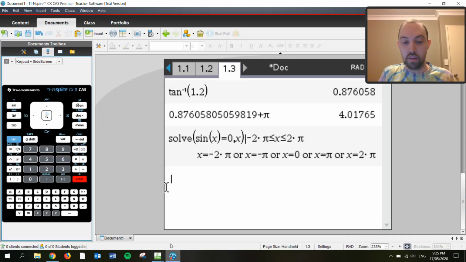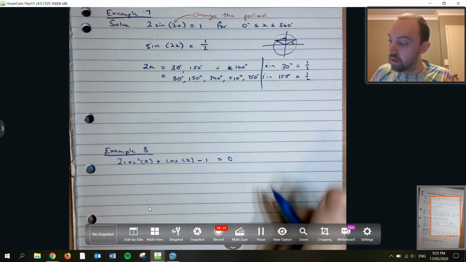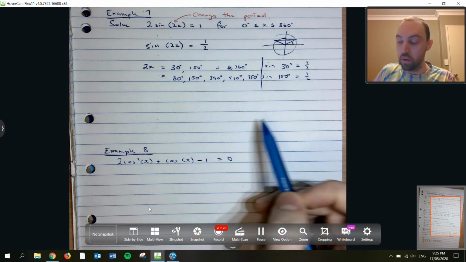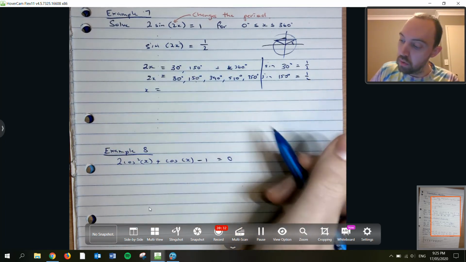I might have made a mistake there. Let's double check: 30 plus 2 times 360 is 750. Cool. That's separate, so don't try and get those two confused. And then we can divide by 2 and eliminate anything.